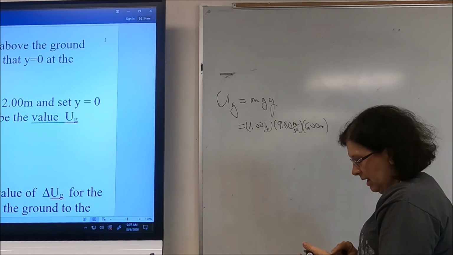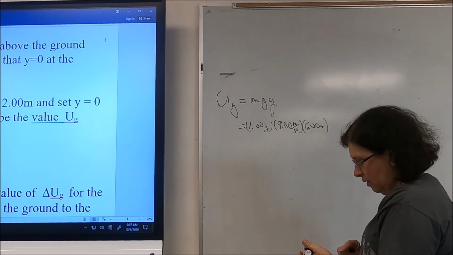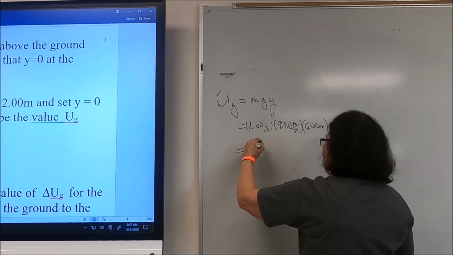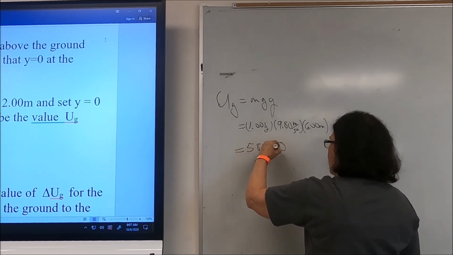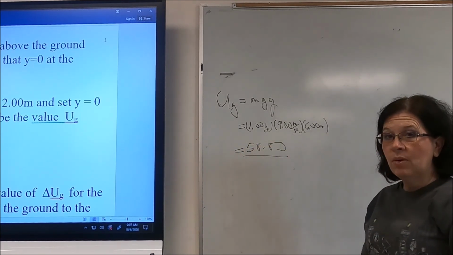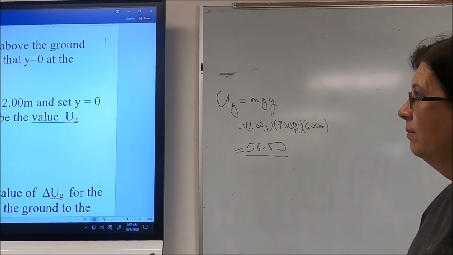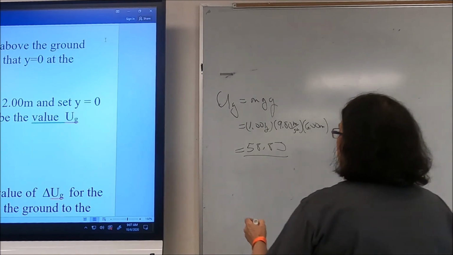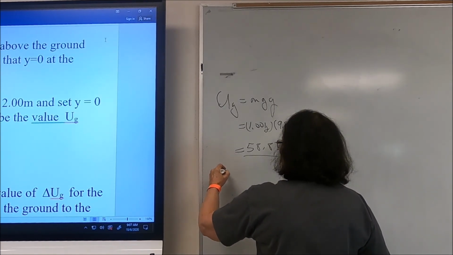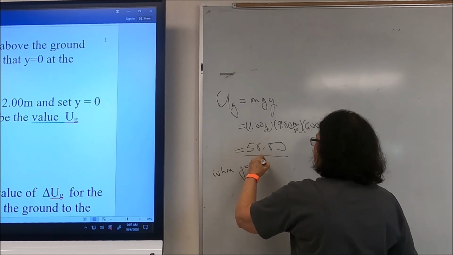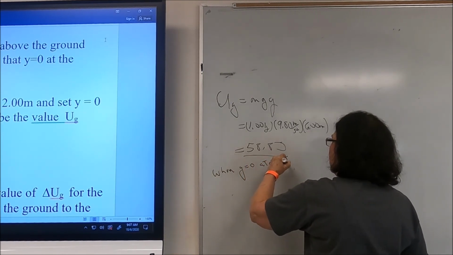So 9.80 times 6 times 1, I get 58.8 joules. That would be its absolute potential energy. Now, this is when y equals 0 at ground.